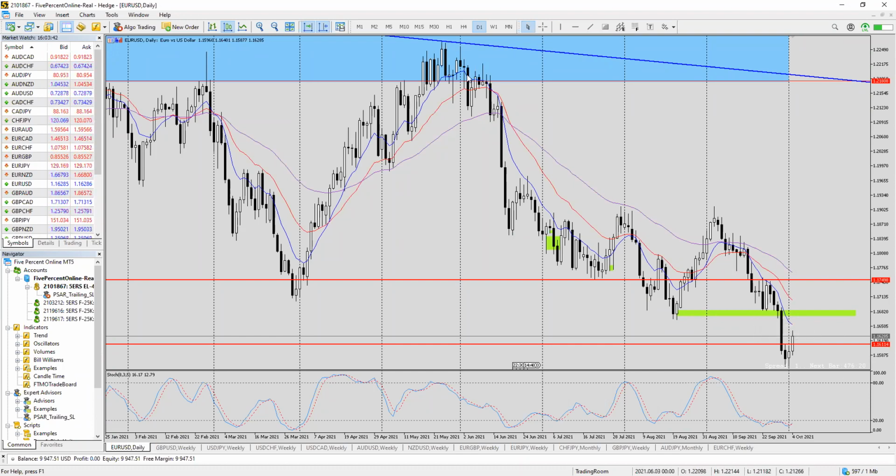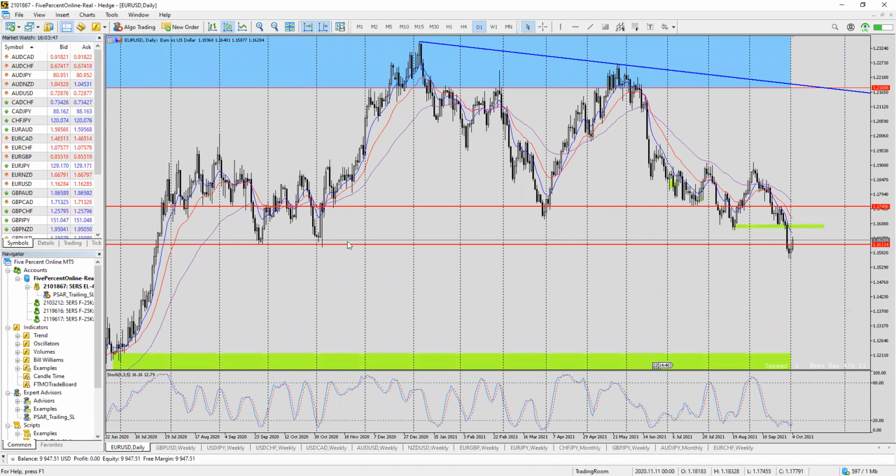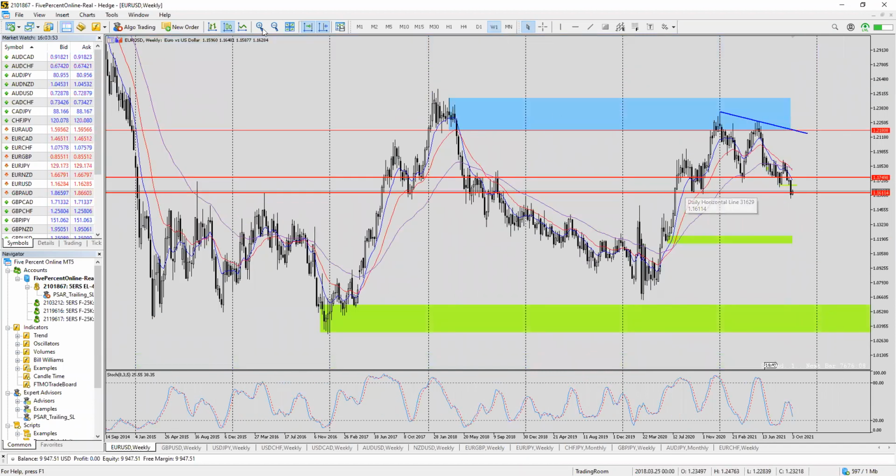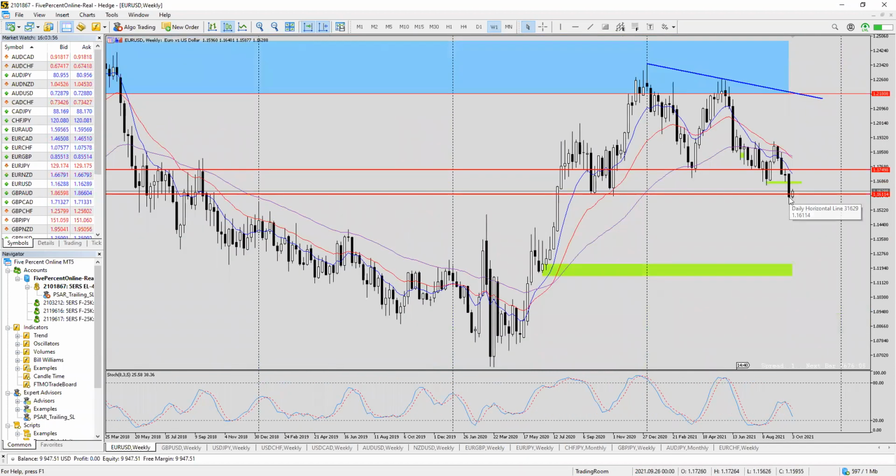Again, if you're talking about the weekly chart, we want to see another weekly candle closing below this level and maybe a retest before continuing down.